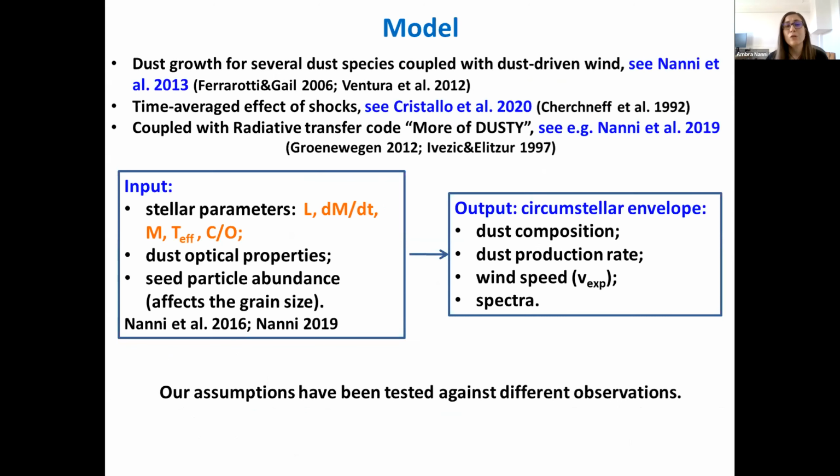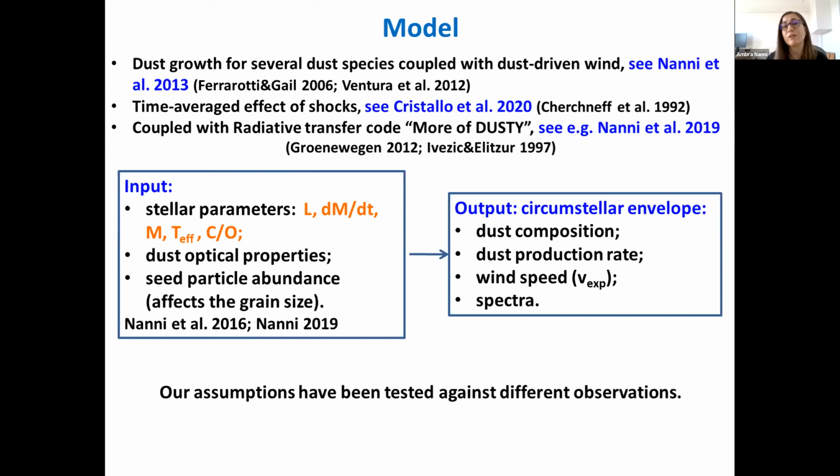We follow dust growth for several dust species coupled with a dust-driven wind. This is what was done initially by Ferrarotti and Gail 2006, and was also used by other groups such as the Roma group. Recently we updated this model by including the time-averaged effect of shocks.